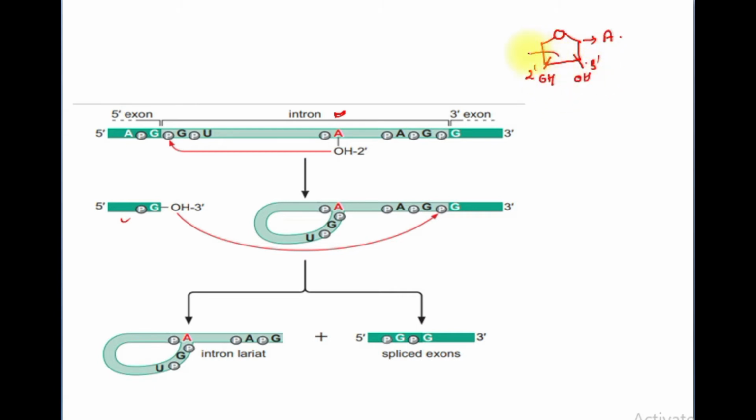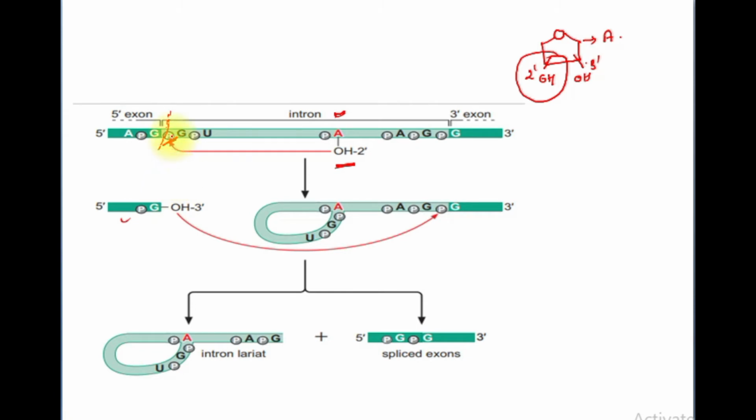This OH group at the 2' end will help in a reaction known as nucleophilic attack. This 2' OH of adenine will do a nucleophilic attack. Where will it attack? It will attack in this region, at the 5' splice site or the 5' end, causing a cleavage.